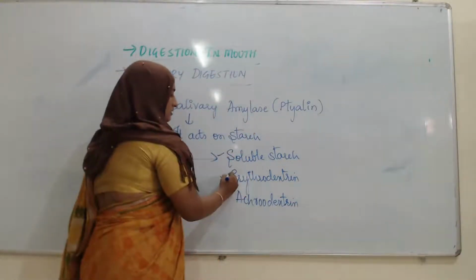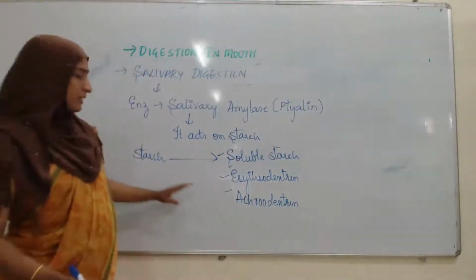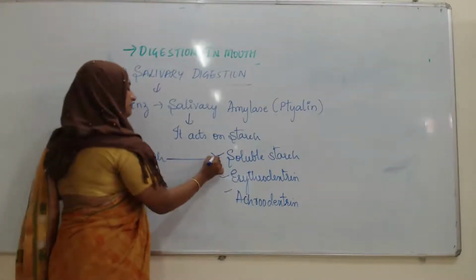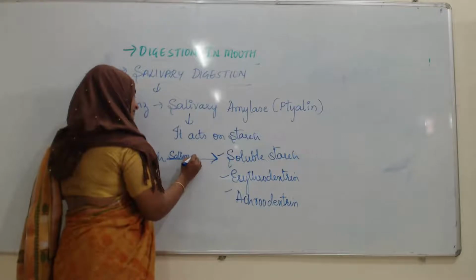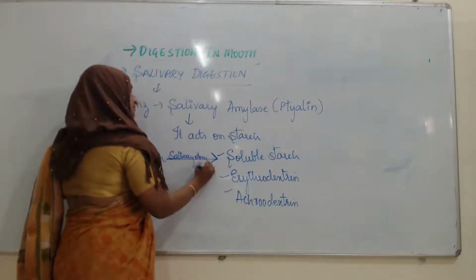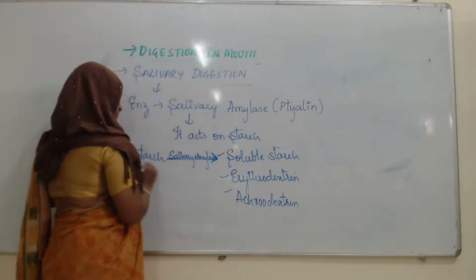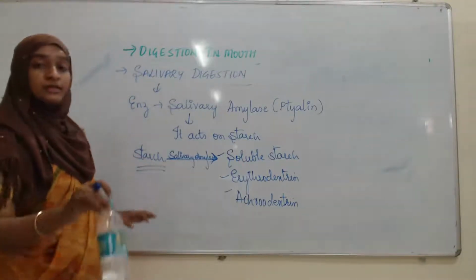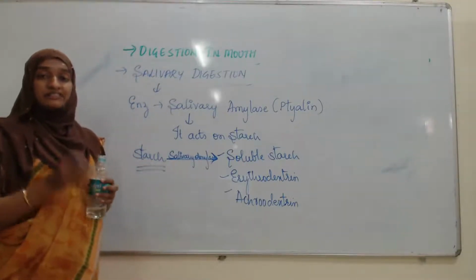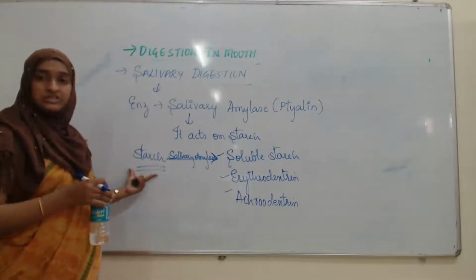Okay, these are the three substances in the presence of an enzyme, salivary amylase. This saliva, starch, see, this salivary amylase will act on the starch.